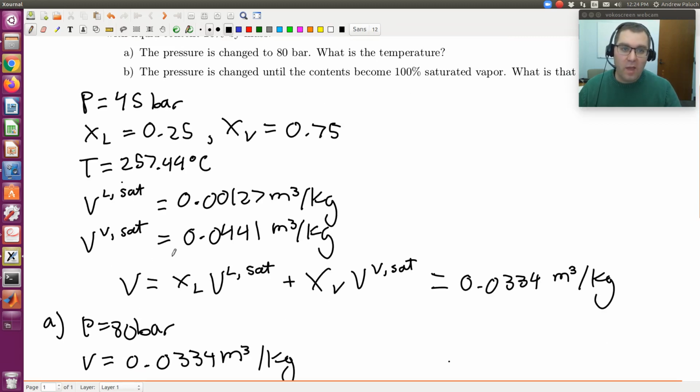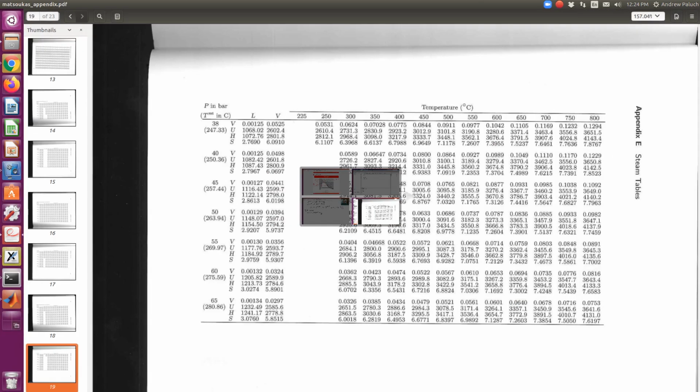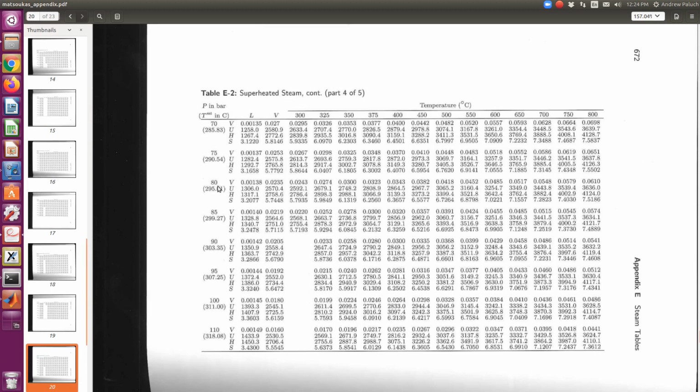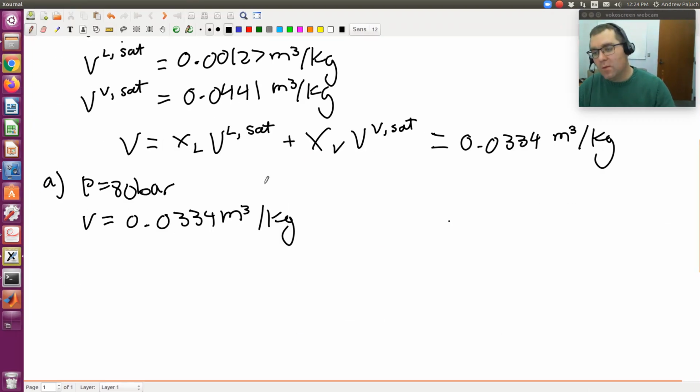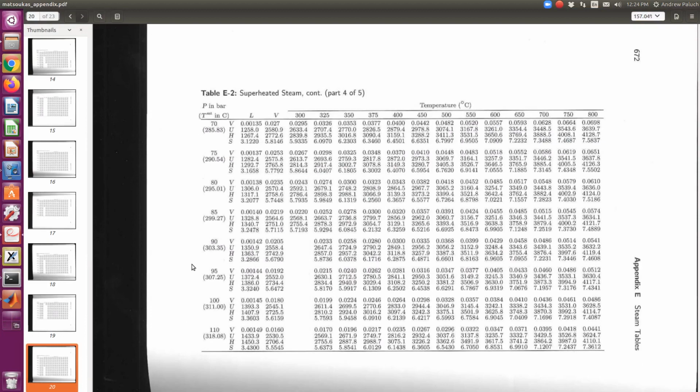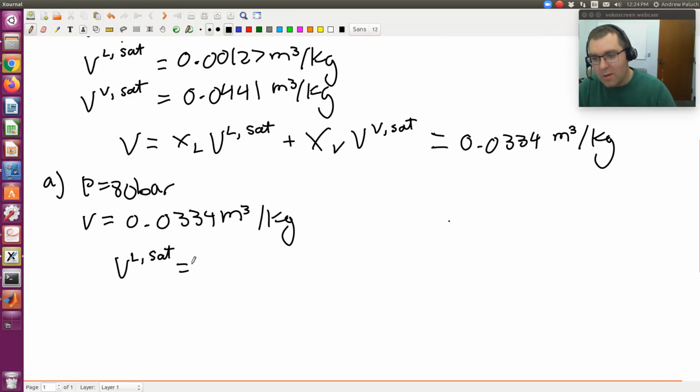So the only other thing I have to work with is assuming that the specific volume of my system is unchanged. All right, so if I stick with my superheated steam tables, 80 bars is on here. So at 80 bars, I have that VL sat is equal to 0.00138.